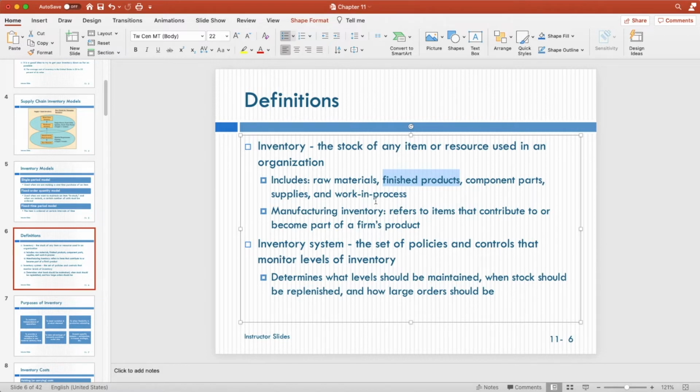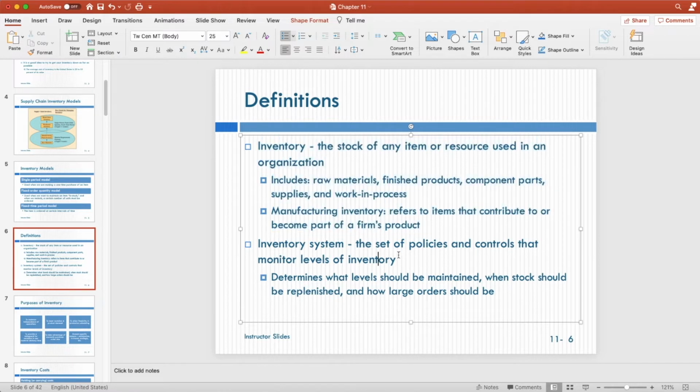Those are all different kinds of inventory. Or from the manufacturing point of view, it can refer to any items that contribute to or become part of a firm's product. So these are just some basic ideas of inventory that we already mentioned.